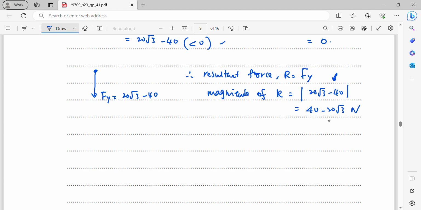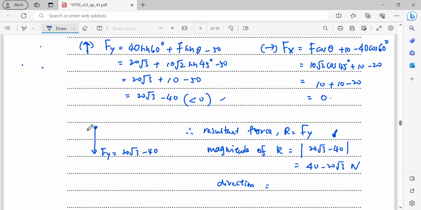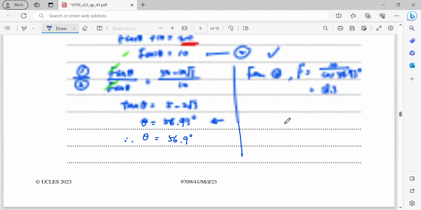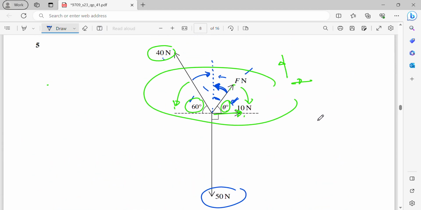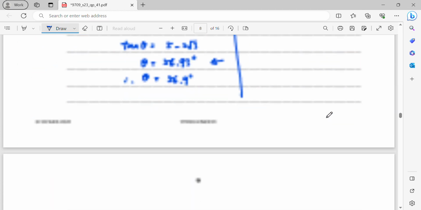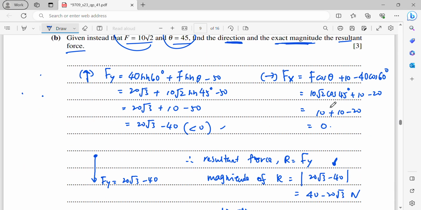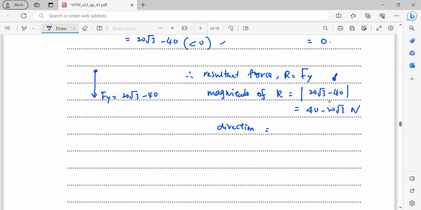Alright, so then the direction. The direction is going to be pointing downwards. When you refer back to the original diagram, it is in the same direction as the 50 newtons. So I will write here direction: same direction as 50 newtons.